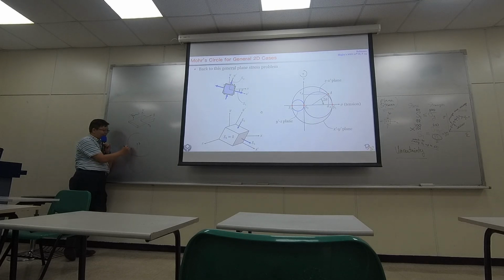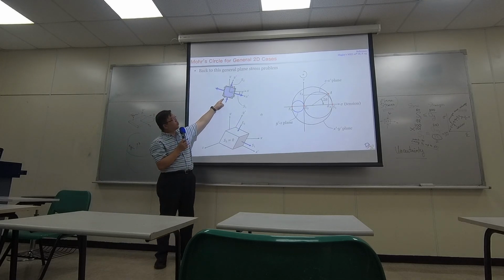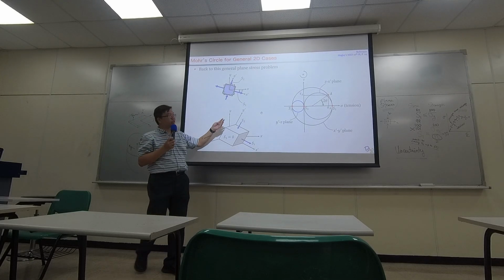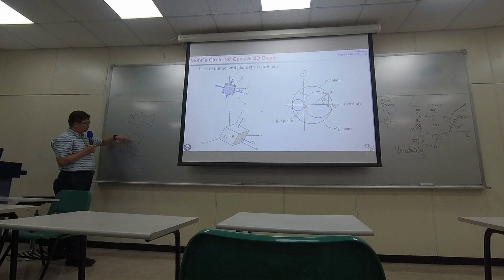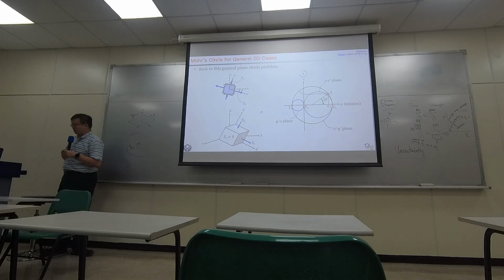In this case, your strain along the Z direction equals 0. So that's why we call this a plane strain problem. Both of them are planar problems, basically load condition in a plane. If you make a force diagram like this, it's the same diagram, but in the real world, sometimes it's a plane stress problem and sometimes a plane strain problem.